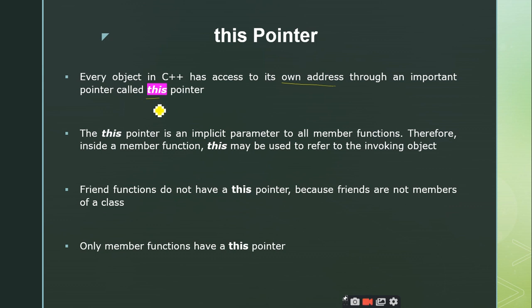Every class can be used by creating an object, and once you create an object, you have the memory address. Once you have a memory address, you can have a pointer to it, and the pointer to any object is called the this pointer in C++. And this pointer is an implicit parameter to all the member functions. Right.